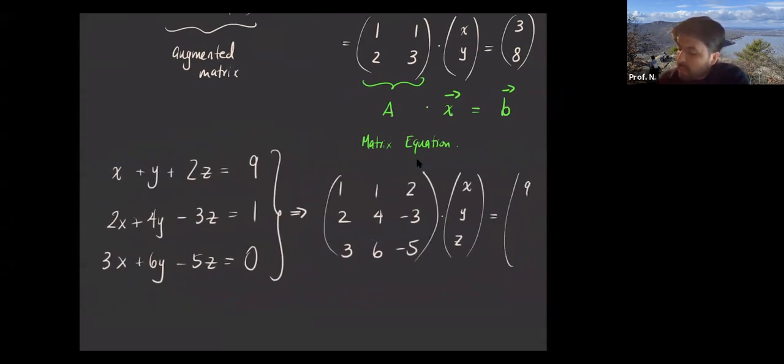This is equal to 9, 1, 0. So what's the idea? The idea is to figure out what this is, right? That's eventually our goal, to figure out that missing thing, which is this column vector or this 3 by 1 matrix.